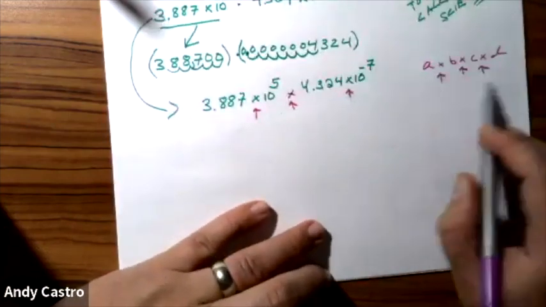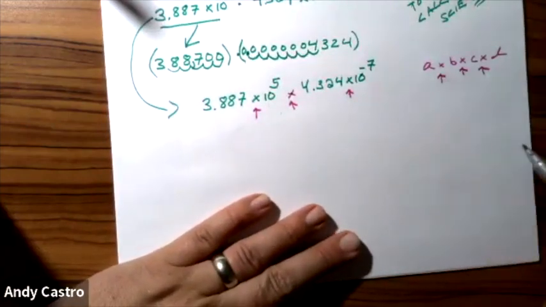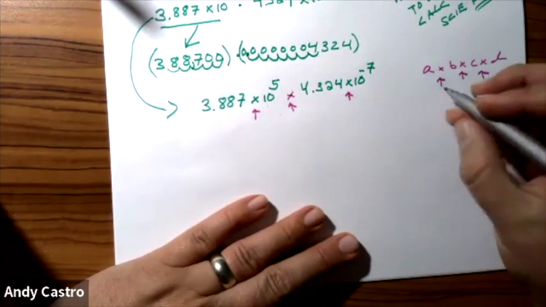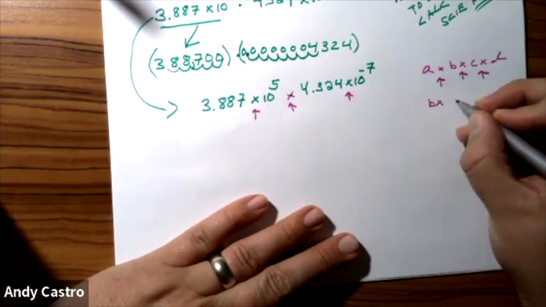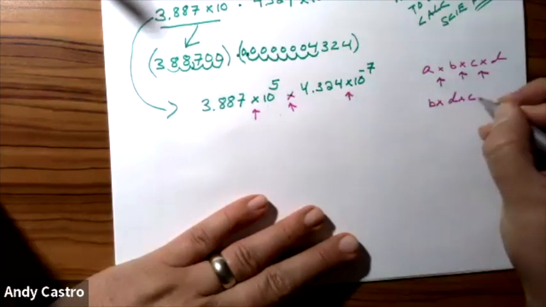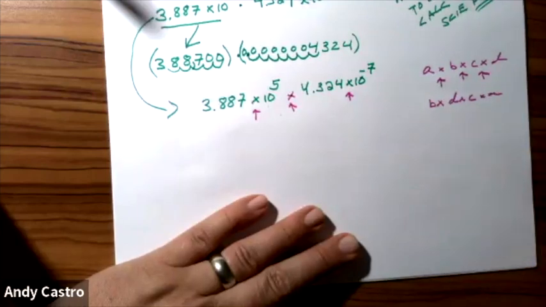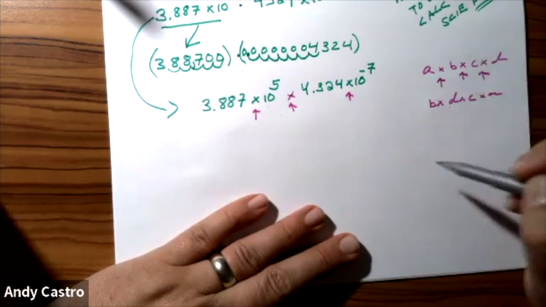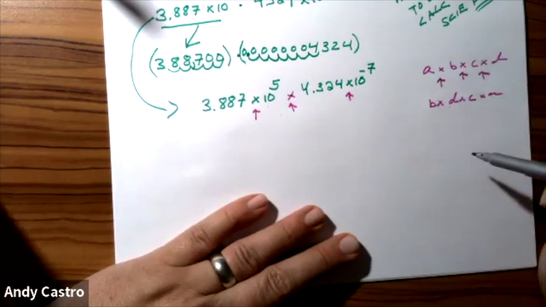And remember, one of our properties is we can multiply in any order we want. We can do B times D times C times A. We can do A times C times D times B. Obviously, we can arrange these in any order we want.